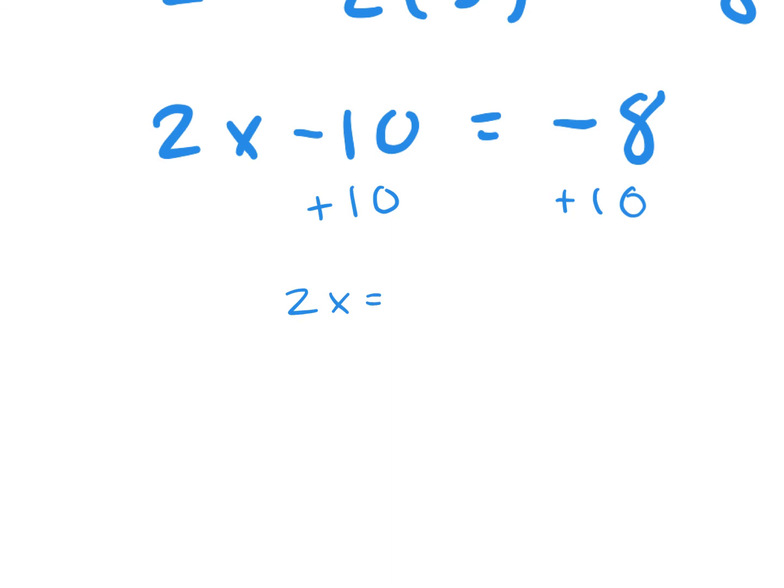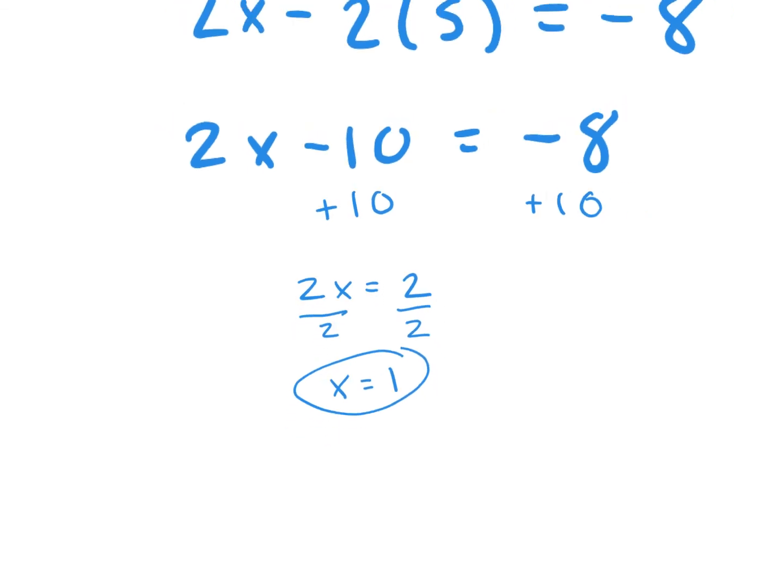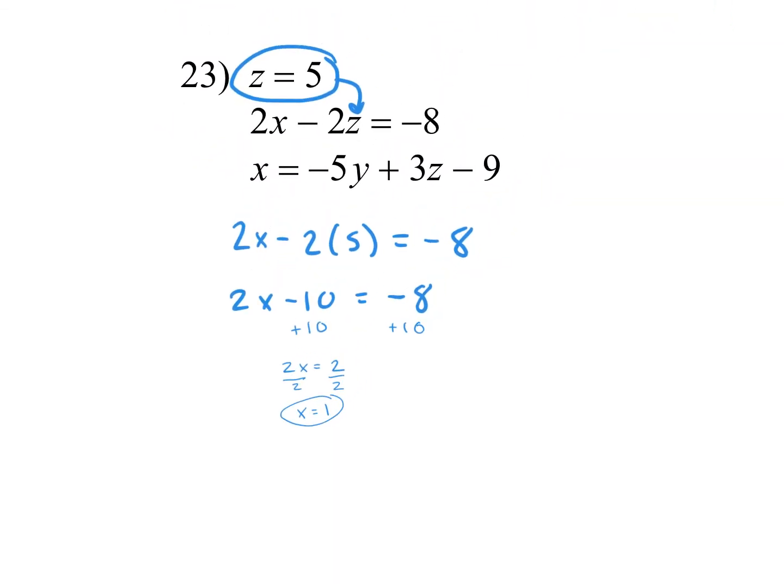So I have 2x is equal to 2. Eli, what do I do next? Divide by 2. So 2 is being multiplied to x, so the opposite of multiplication is division. Eli, what's 2 divided by 2? 1. So x is equal to 1. Good job.